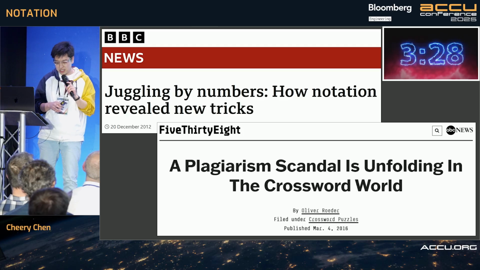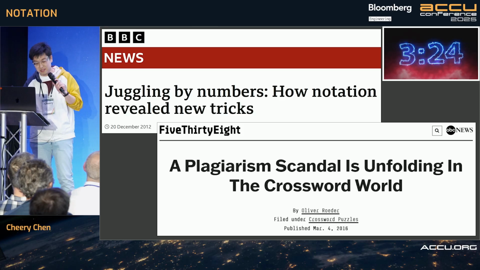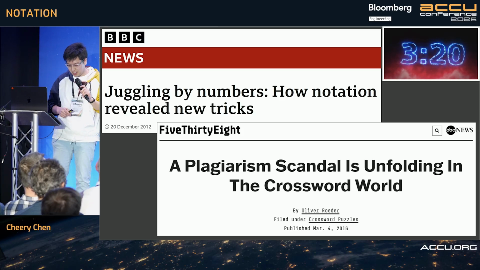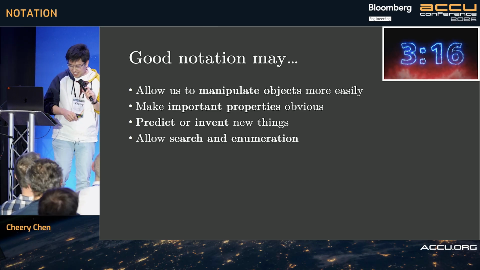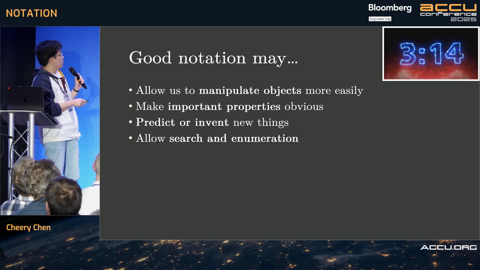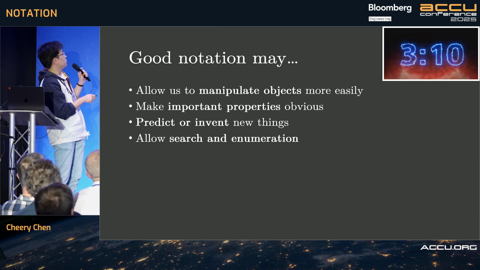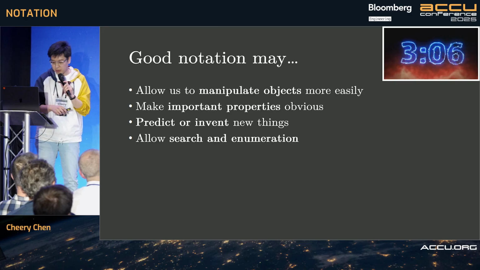And if you invent some crossword notation, you can reveal some plagiarism. As for the plagiarists, I guess they received some crosswords. So what new things do we have here? Good notation can also allow you to predict or invent new things, and allows you to search or enumerate through your entire problem space.